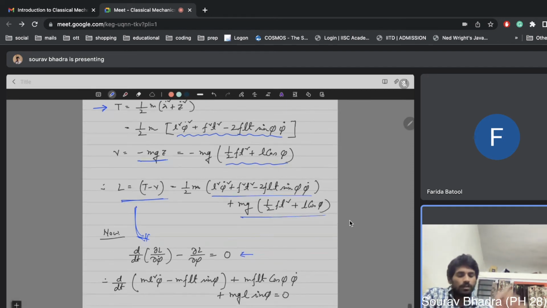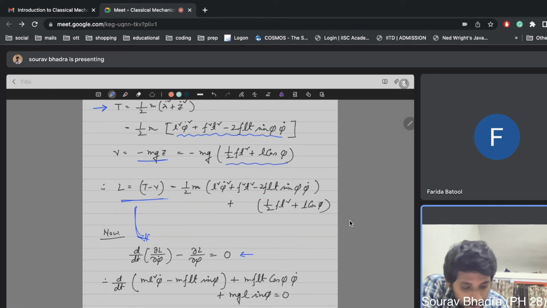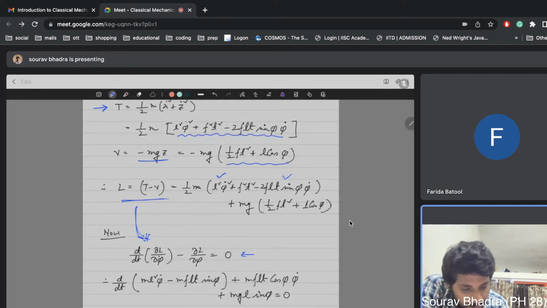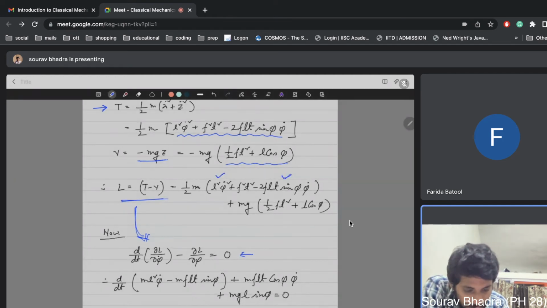Now if you take del L by del phi dot, you can see the phi dot terms are this term and this term, and half m is there, so this half will cancel the 2 which comes down from the phi dot square, which gives m L square phi dot from this term. Accordingly you will get m f L t sin phi from that term.